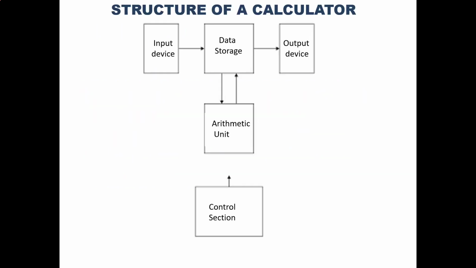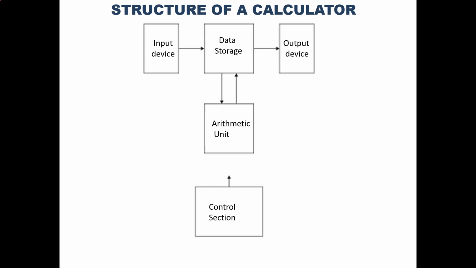Then we'll see the structure of a calculator. Here in the structure of a calculator, the first thing we have is the input device. The input device will be like a keyboard, and on that you have your numbers which you can press.